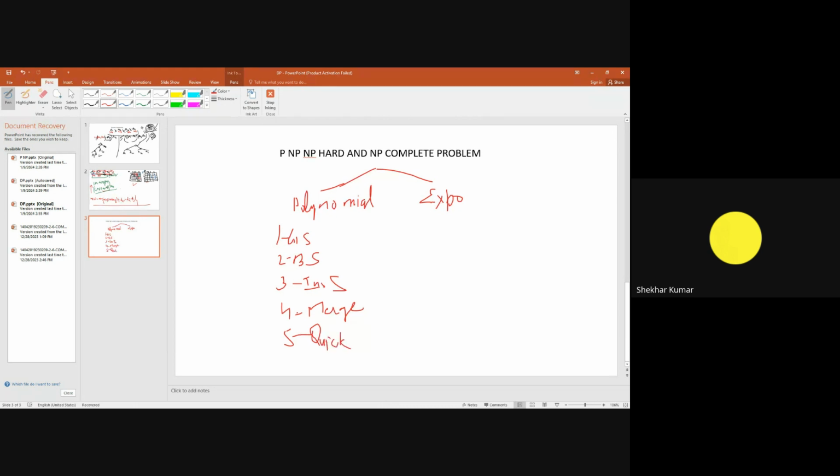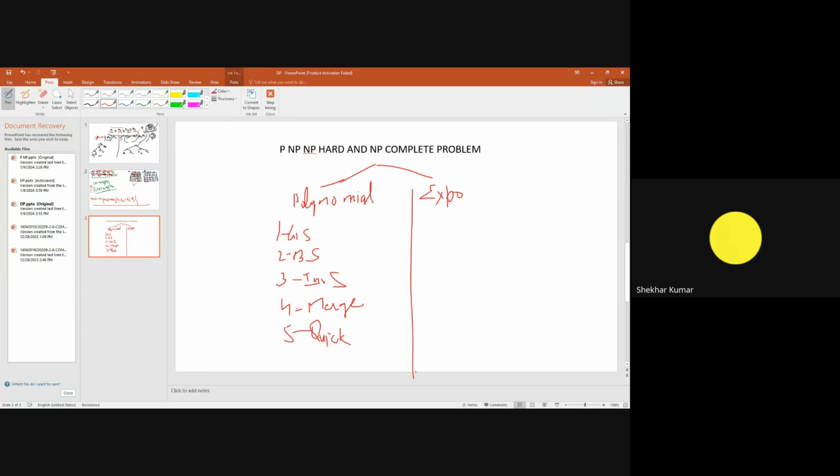These are different polynomial time algorithms in which we have seen that the complexity of linear search is n, binary search the complexity was log n. Insertion sort, the complexity was n square. Merge sort, the complexity is n log n. And in the quick sort, the complexity is n square in the worst case. I'm talking about the worst case.